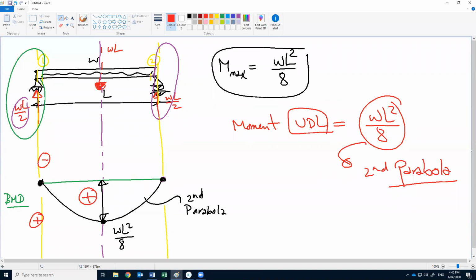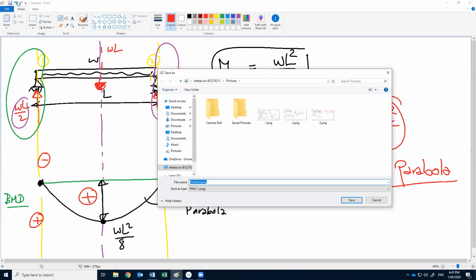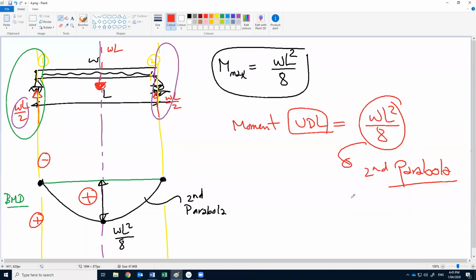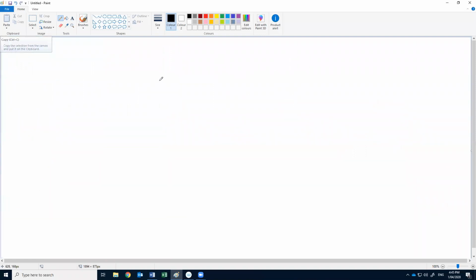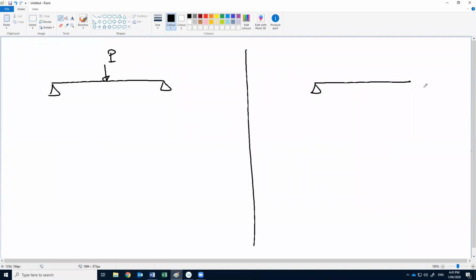Okay, so do you have any question regarding this case? If we make a summary to compare, if we have concentrated load P, because you should keep this in mind, and if we have uniform load W, the shear for this one, we will have this data.